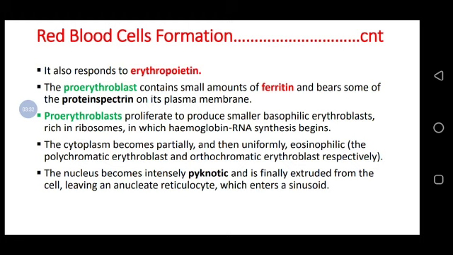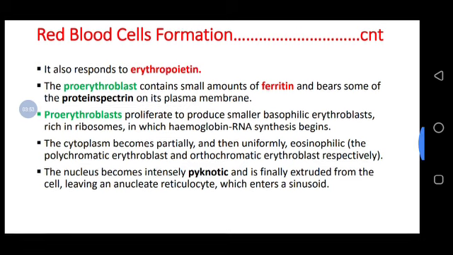Because we don't need the pro-erythroblast. We need the erythrocyte which is matured. So this pro-erythroblast is produced before 7 days. That's why they have a small amount of ferritin, which cannot be transferred throughout the body. In the body we need the mature one.